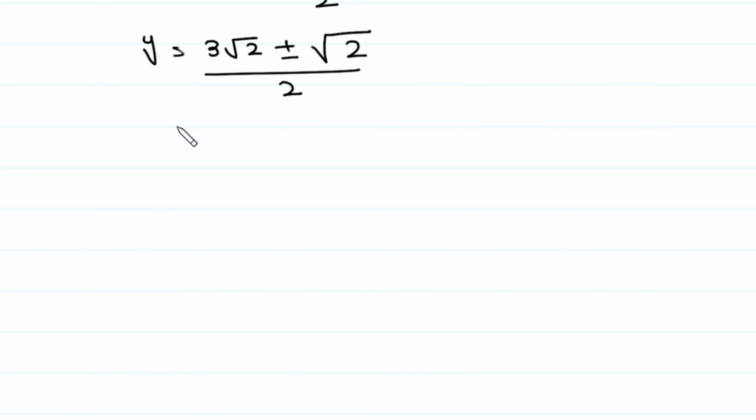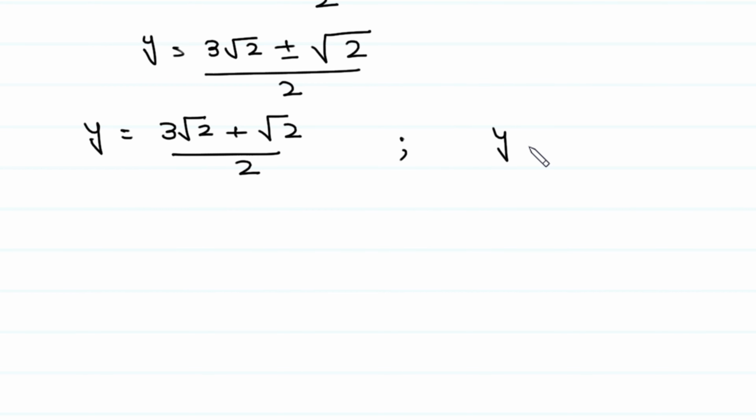Now y has two values. Y is equal to 3 times square root of 2 plus square root of 2 divided by 2, and y is equal to 3 times square root of 2 minus square root of 2 divided by 2.